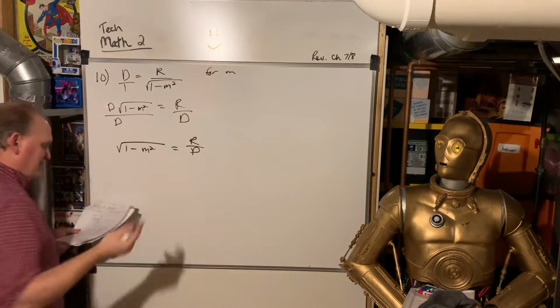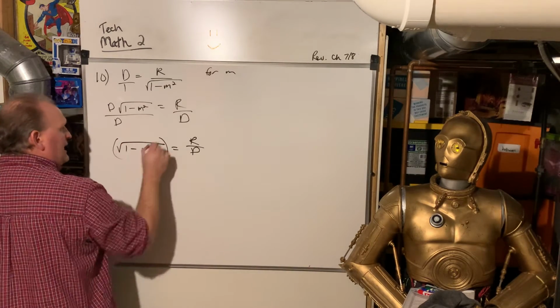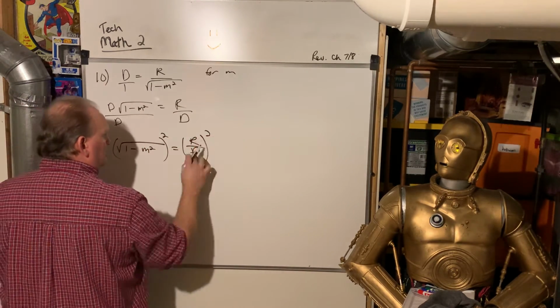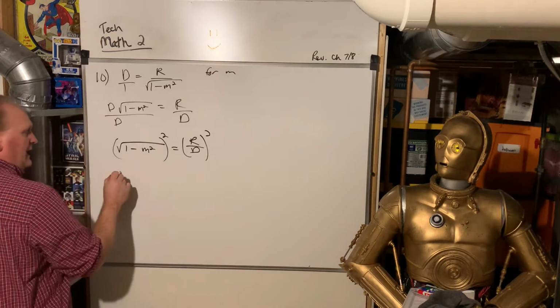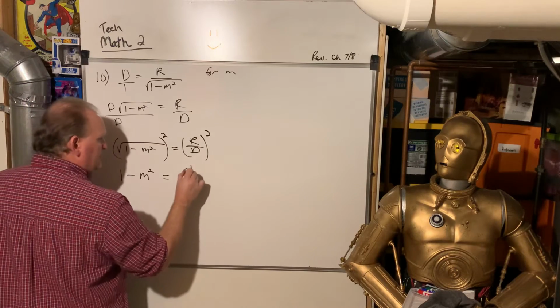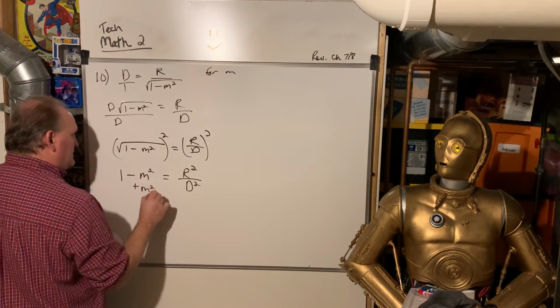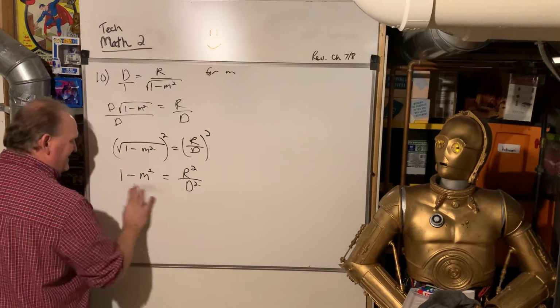I wanted to isolate this square root. Now I square both sides. So I have 1 minus m squared is equal to r squared over d squared. I add m squared to both, or no, not add m squared, sorry.